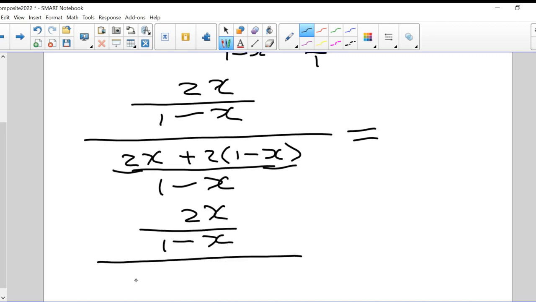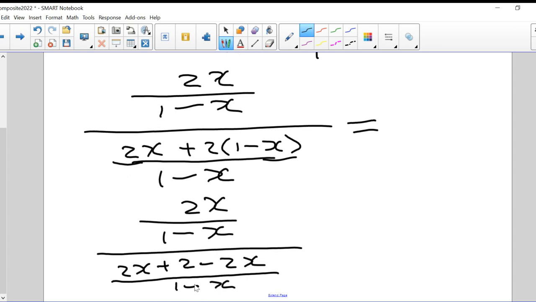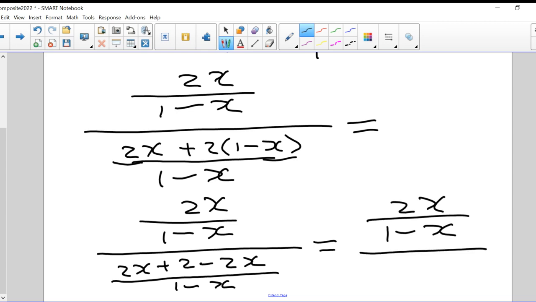The bottom is going to become 2x plus 2 minus 2x over 1 minus x. I simply distributed the 2 into the bracket. Let me put the result over here. So that's 2x over 1 minus x, over, this simplifies to 2 over 1 minus x.